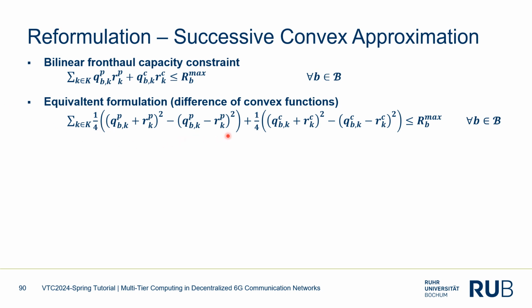You can do the math and see that, if you multiply it out and reformulate it, it will be the same formulation as this. Just a more complex one, whereas this is a convex function minus another convex function. This can be done the same for the right-hand side here and will give us the new formulation.